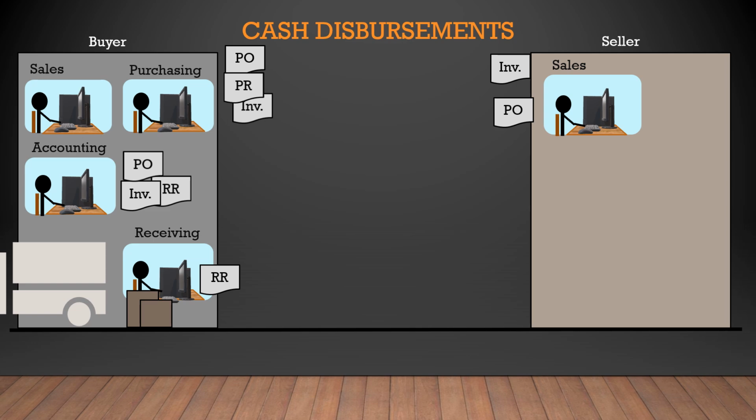Accounting now has no less than 3 documents to reconcile what was ordered to what was purchased to what was received. With the amounts verified and entered into the system, the payment can be made, most likely via a Treasury department.